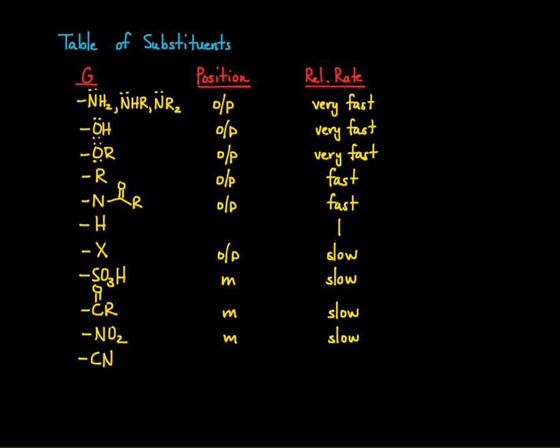A nitrile, where the carbon is connected to the benzene ring, is also a meta director, and is slower than benzene. And lastly, when we have ammonium salts, where the nitrogen has a positive charge on it, it's a meta director, and the relative rate of the reaction is slower than that of benzene.